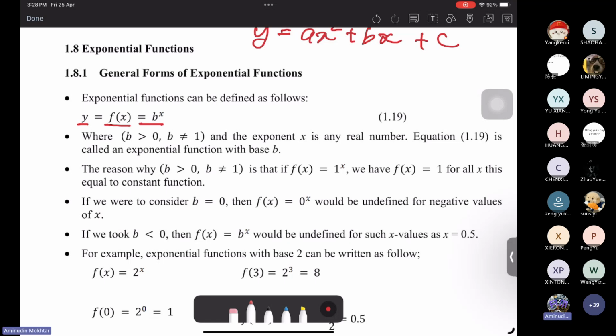But when b is equal to 0, then f(x) equals 0 to the power of x, which will be undefined for negative values of x. Okay, that's the general concept of the exponential function.